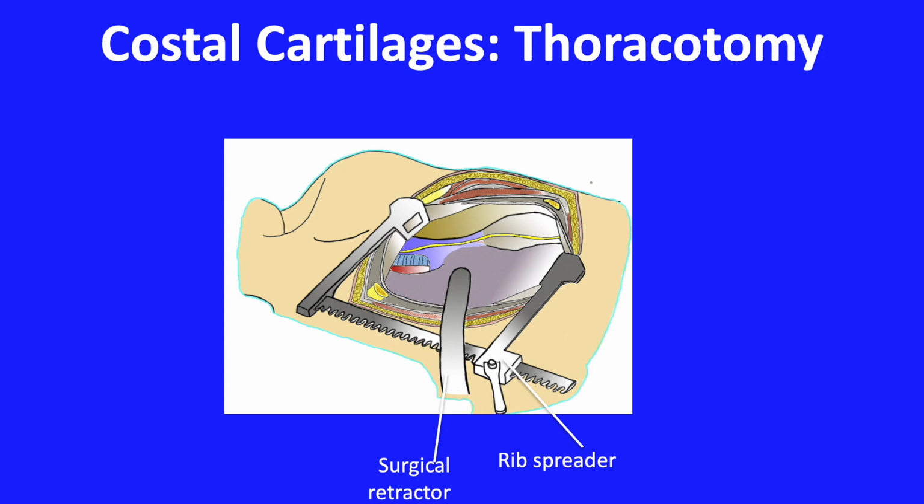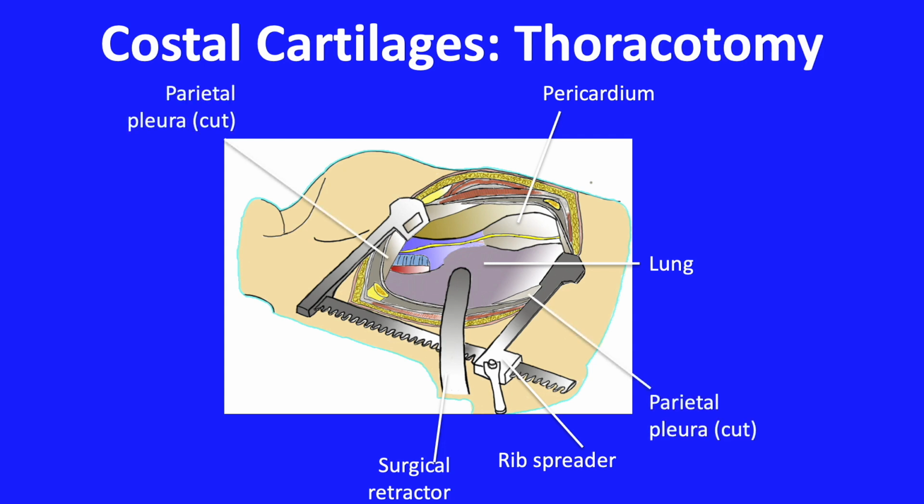First, I will indicate the principal organs that surgeons must avoid injuring during a thoracotomy: the lung, and the pericardium encasing the heart. The parietal pleura needed to be cut to expose the lungs. Prominent bony structures include the scapula and the cut sixth rib.